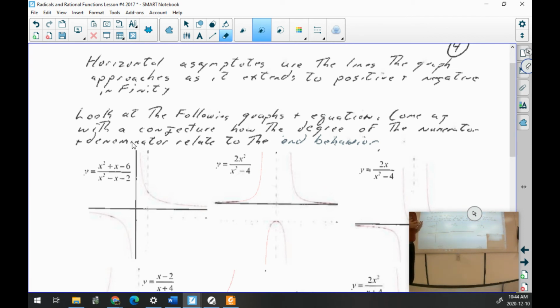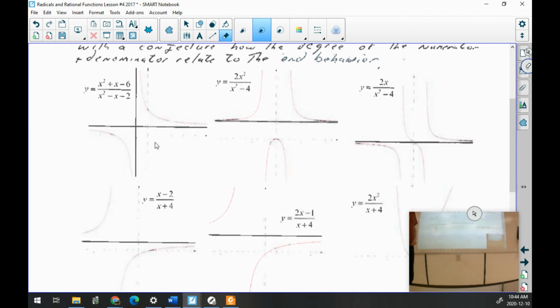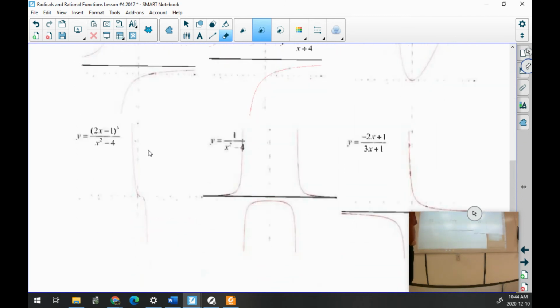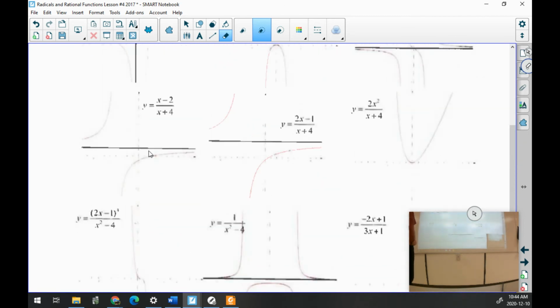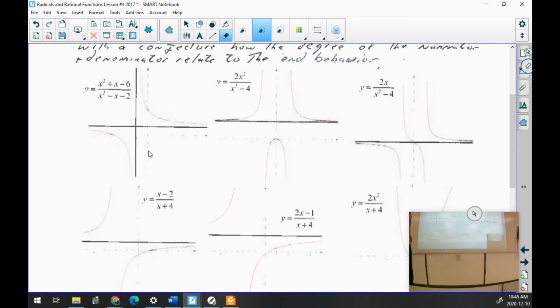And it's fairly easy to work this through. Here, this one's got a horizontal asymptote with y is equal to 1.